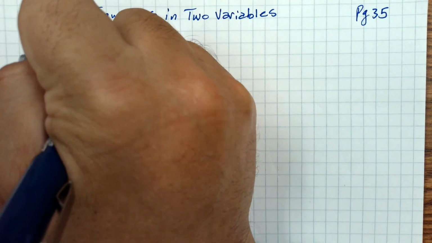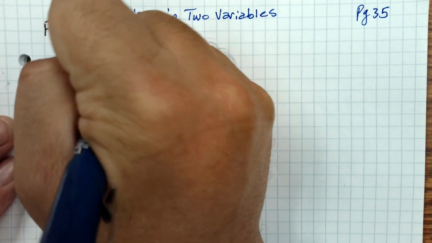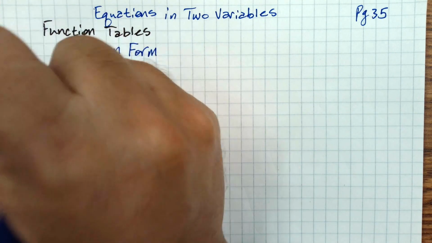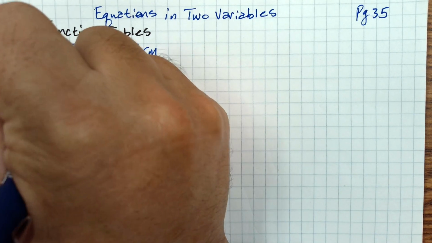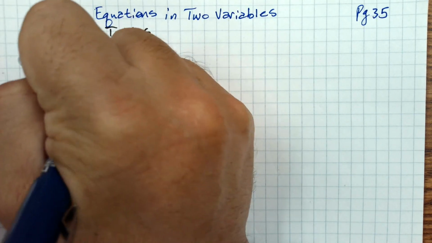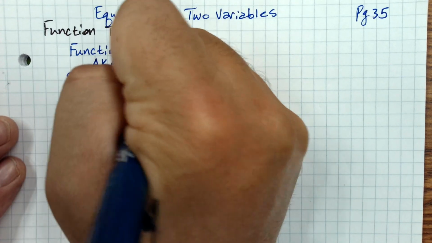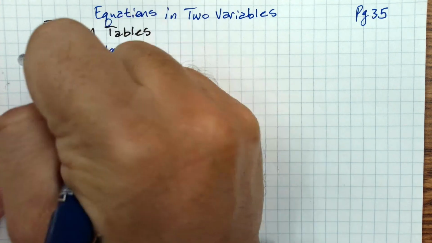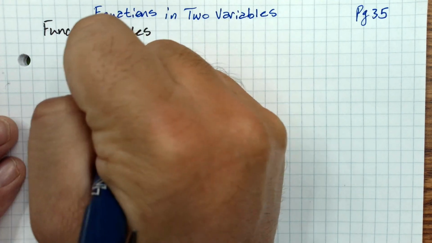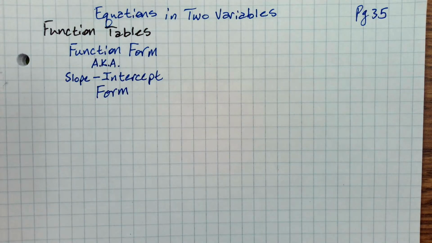We're going to call it by its other name. So I may as well just tell you what that is now. It's going to be called slope intercept form.